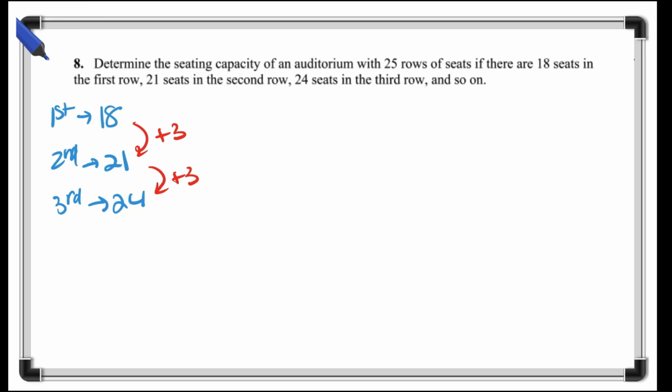Okay, and I know that this number here of 18 is my a sub 1, right? There are 18 seats in that first row. So I know my a sub 1, but I want to figure out my a sub 25, right? Because I want to figure out how many seats are in that last row. So let's again use our general formula.